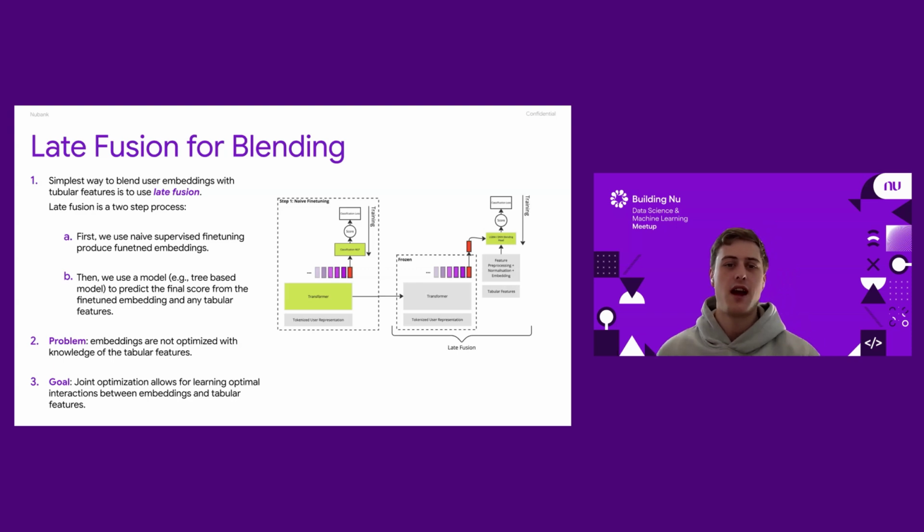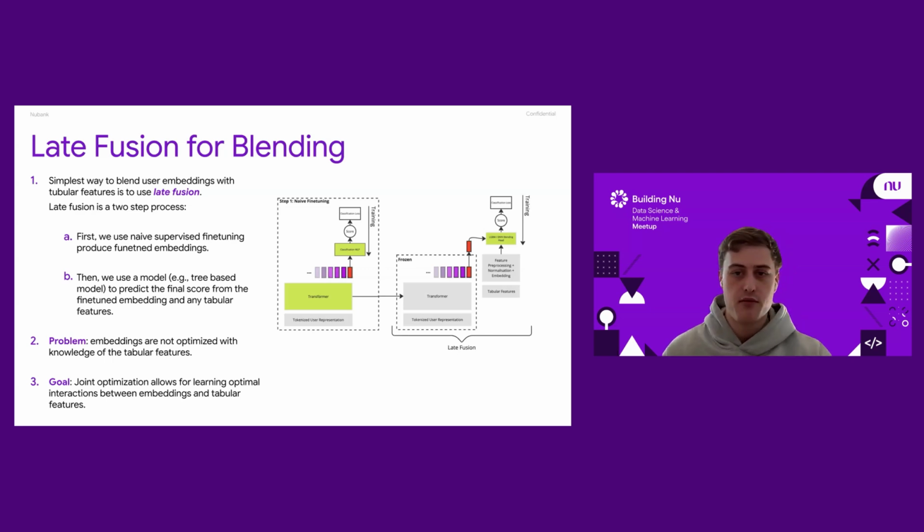This figure on the right-hand side shows the two-step late fusion process. First, we have the naive supervised fine-tuning process, which allows us to learn embeddings that have task-specific features. Second, we have a model which takes these embeddings from the transformer, which is now frozen, and combines them with the tabular features to produce a final prediction.